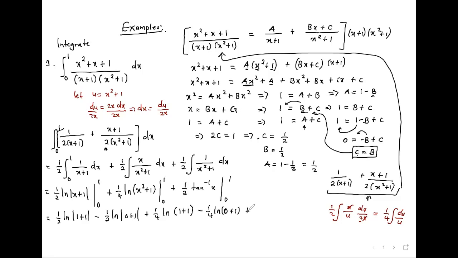Then plus, we're now dealing with tan inverse. So we have half tan inverse of 1 minus half tan inverse of 0.